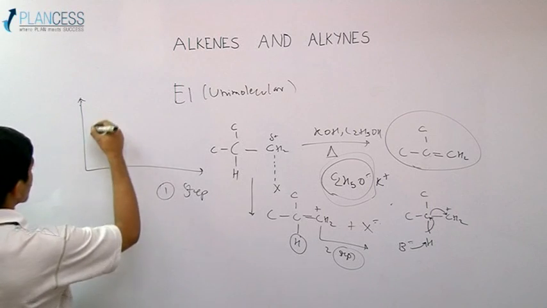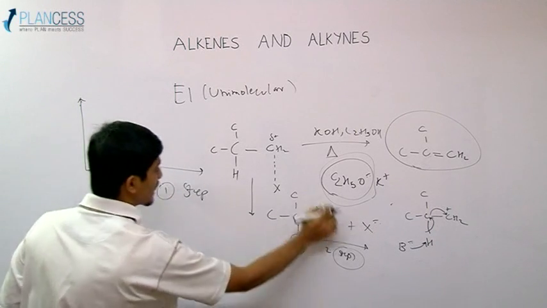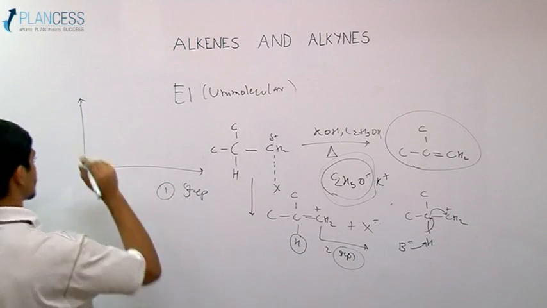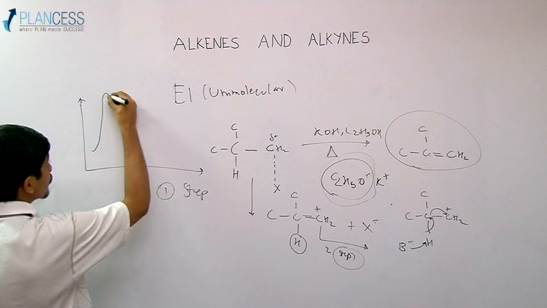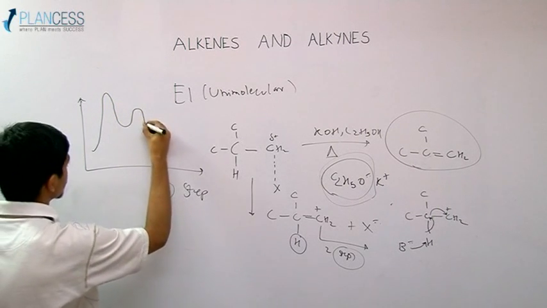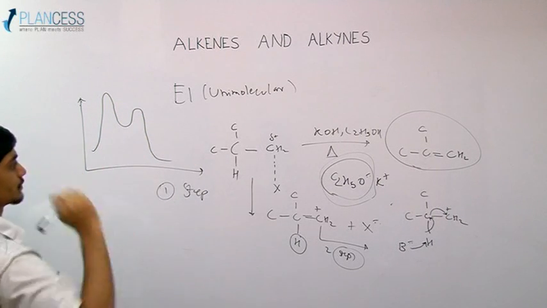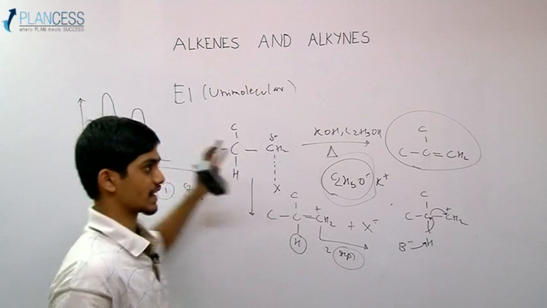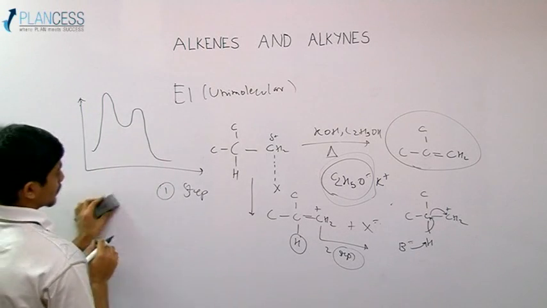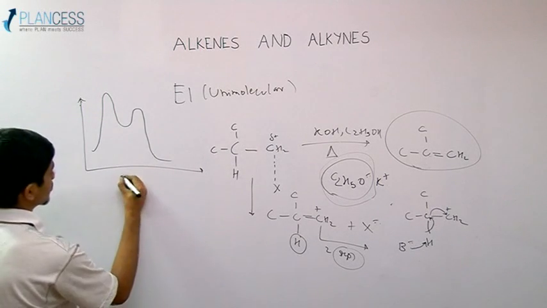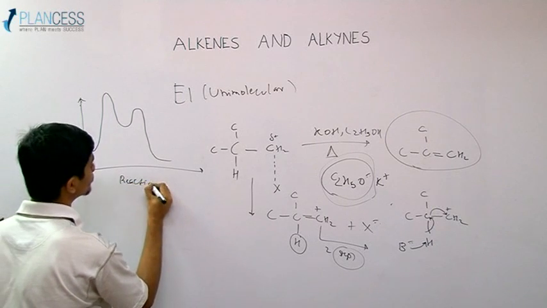Now, the energy diagram for this overall reaction looks something like this: first peak, second peak, and then this. Now what exactly is this energy diagram? Here you can say this is the reaction coordinate.